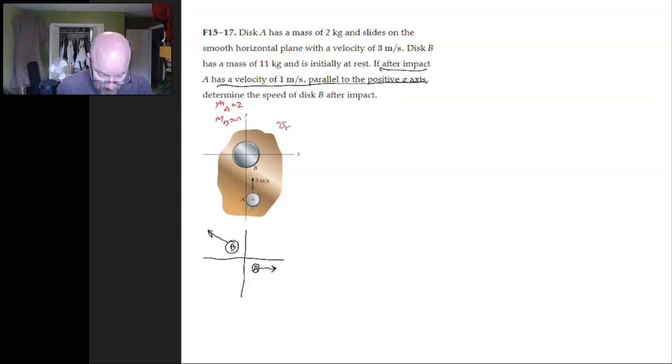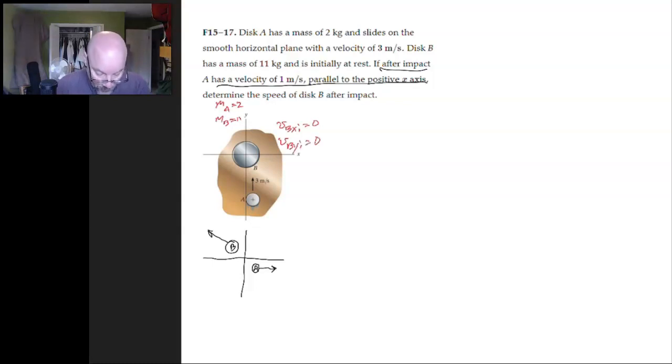So I've got VB x initial is 0. Yes, that's 3 subscripts. Okay, woo! I don't know if you've ever done that before, but you have now. So VBXI is 0, and similarly, VBYI is also 0.